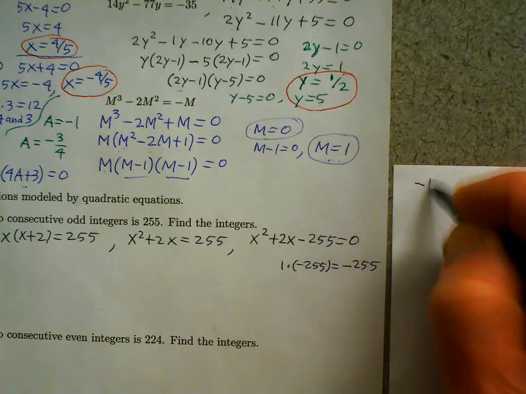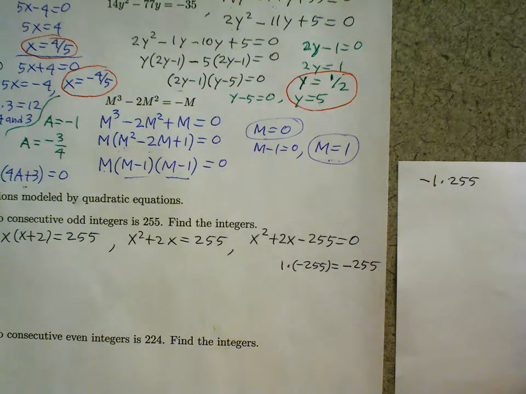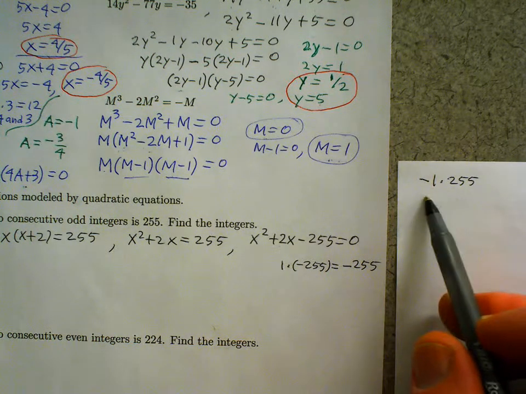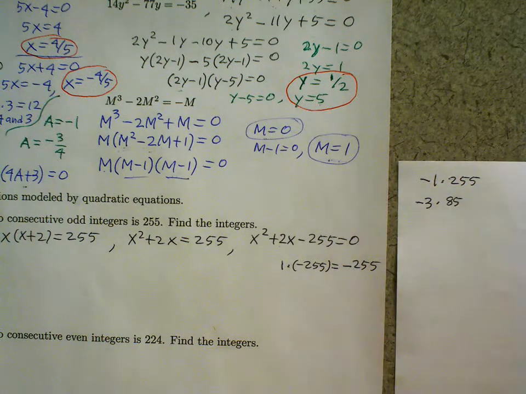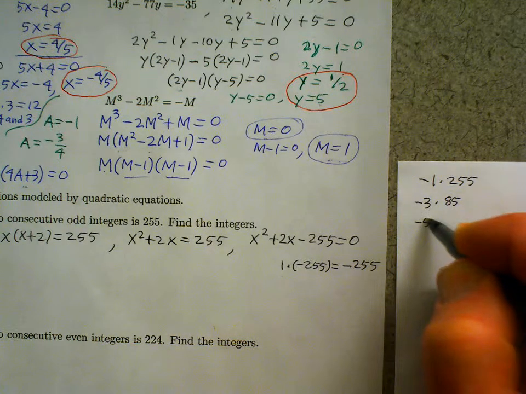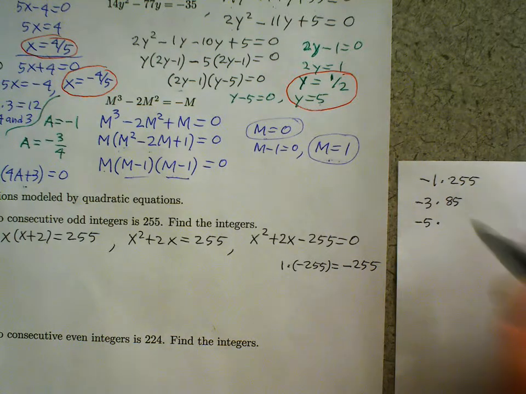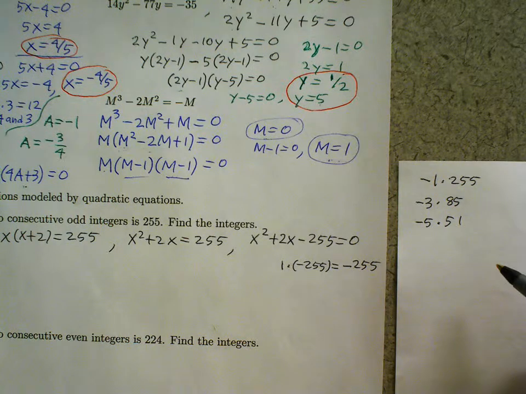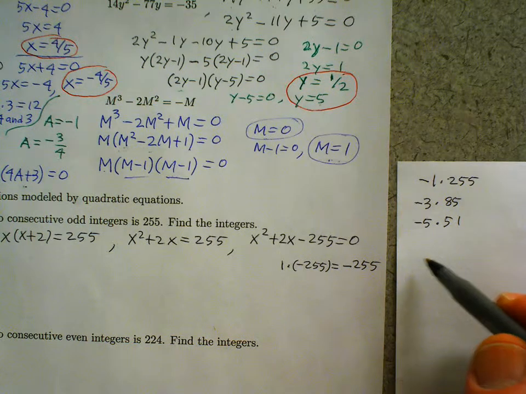So -1 times 255. -2 is not a factor. -3 is. -3 times 85. -4 is not a factor, but -5 is. -5 times 51. -6, -7, -8, -9, -10.